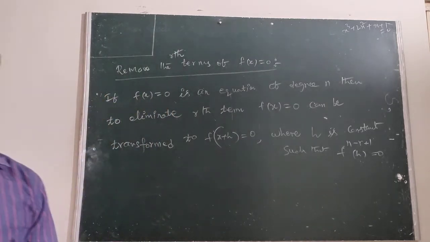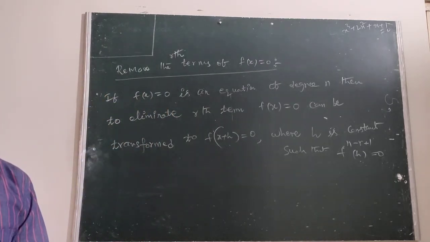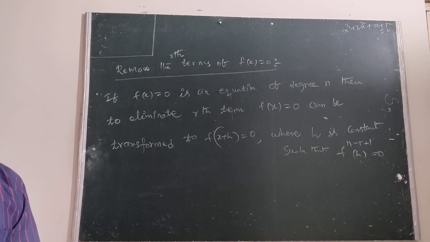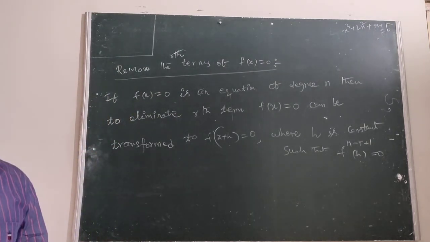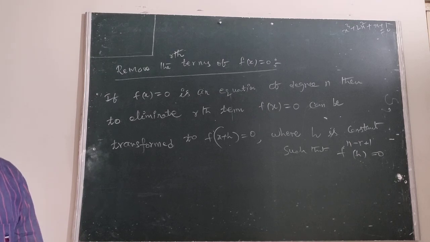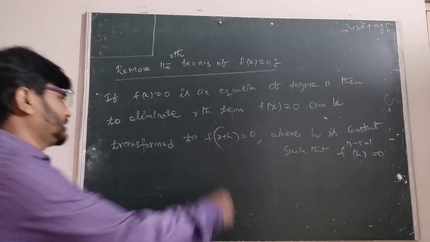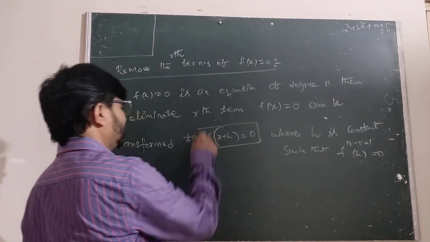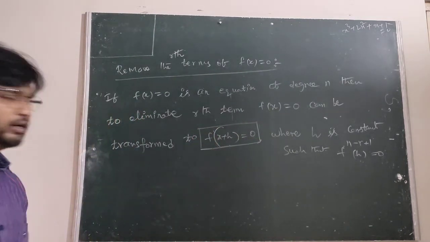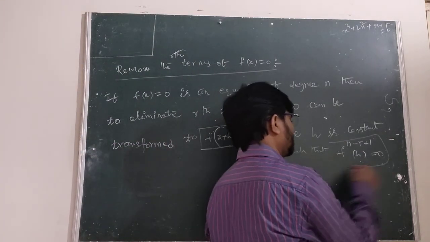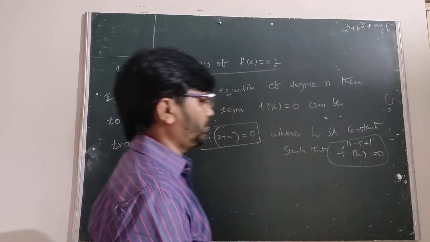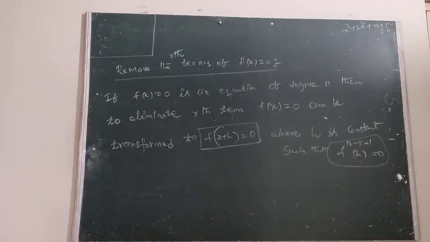So here we know that if the degree of the polynomial f of x is n, then to eliminate or remove the rth term of f of x equal to 0, it can be transformed into f of x plus h equal to 0, where h is the constant such that f of n minus r plus 1 of h equal to 0.